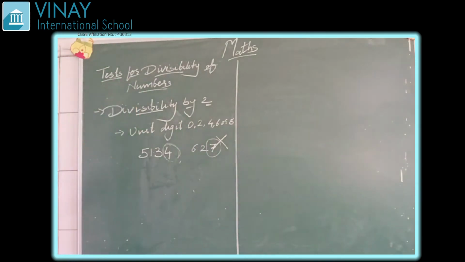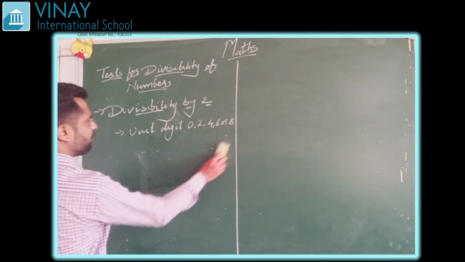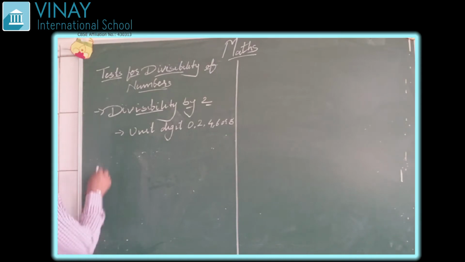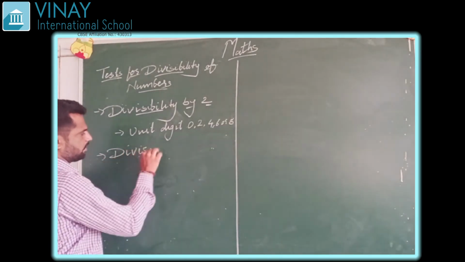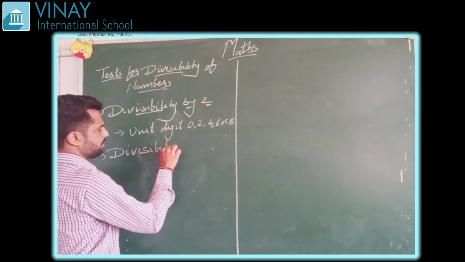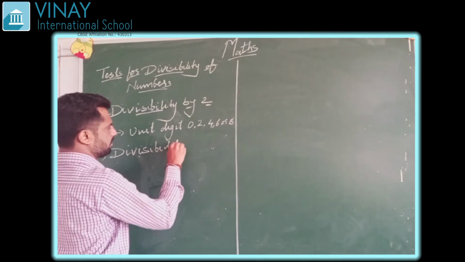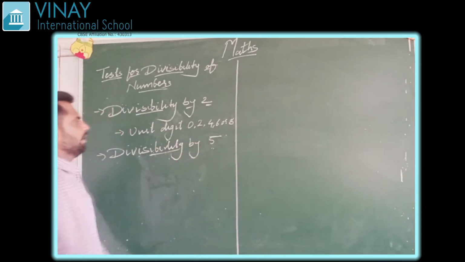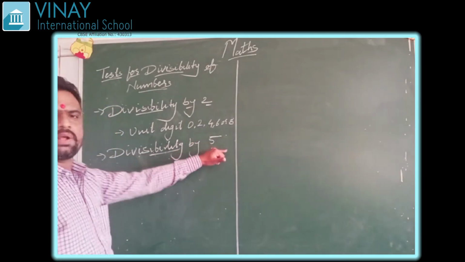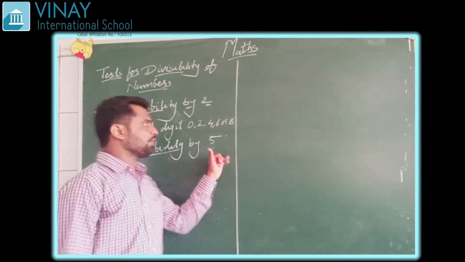Now let us see divisibility by 5. Here again we need to find out whether the number is divisible by 5 or not.